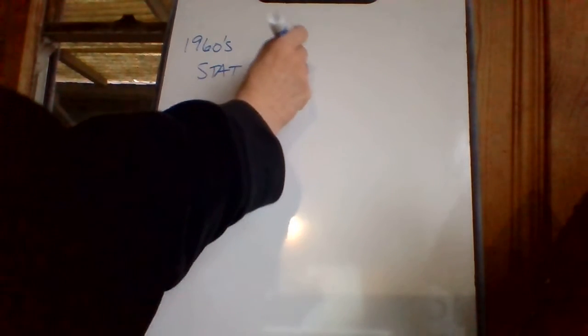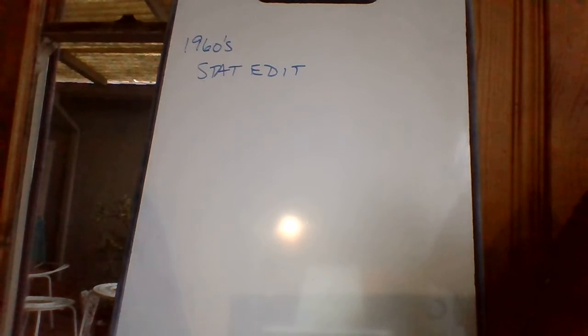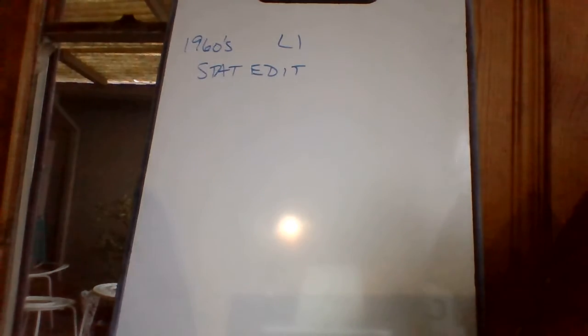So the first thing I do is take the 1960s, and that's list 1. I go into Stat, Edit, and then in list 1, I start putting those numbers in. So I'm like 68, enter, 64, enter, 64. I make list 1 into the 10 numbers from the 1960s.